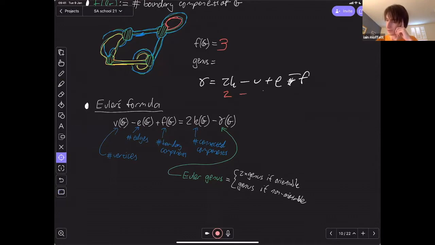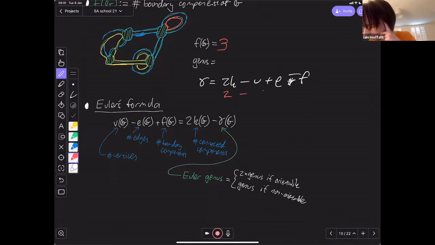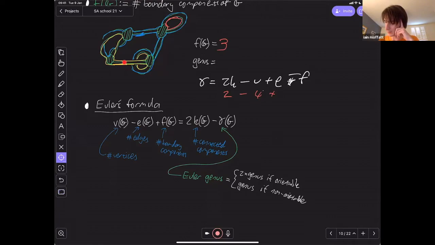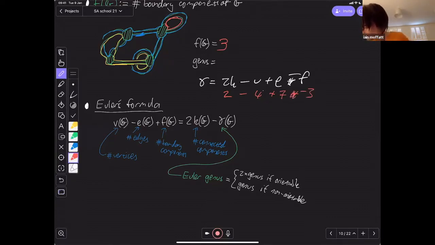I've got how many edges? 1, 2, 3, 4, 5, 6, 7 edges, unless I've miscounted. And I had 3 boundary components. So what have I got? That's equal to 2.